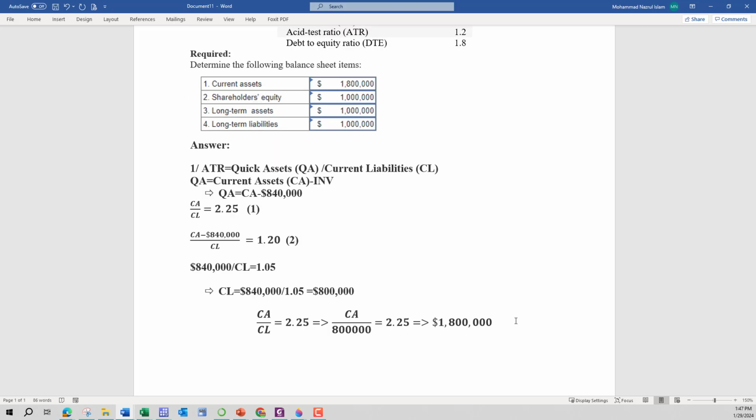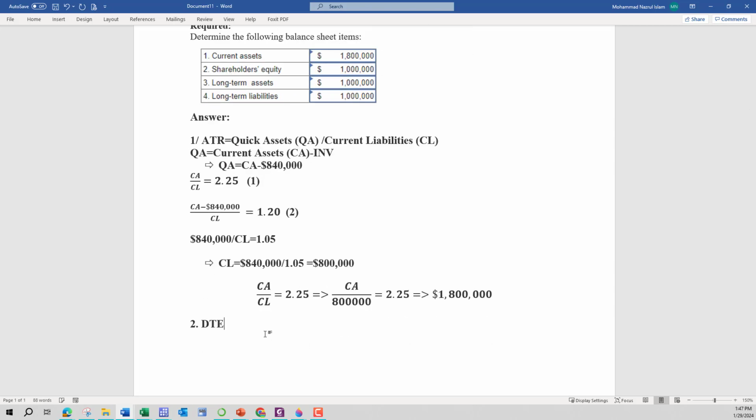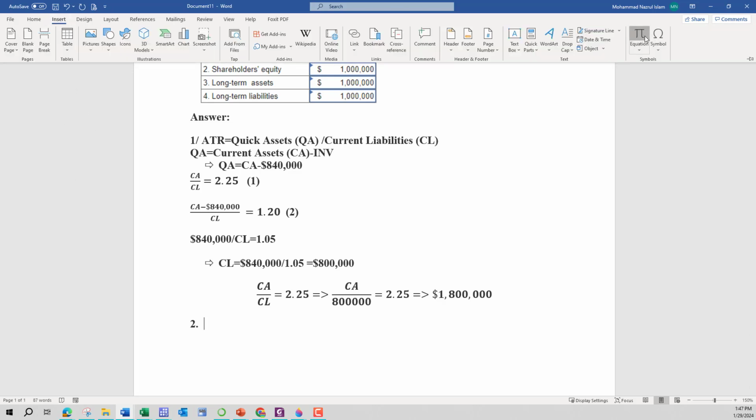Then number 2, shareholders' equity. We know that the debt to equity ratio is given. Let me insert an equation.